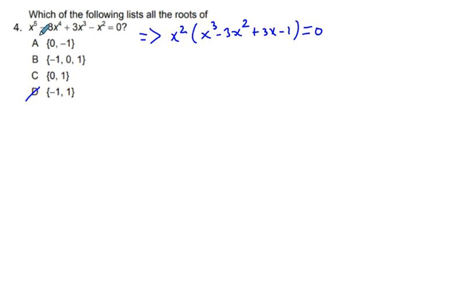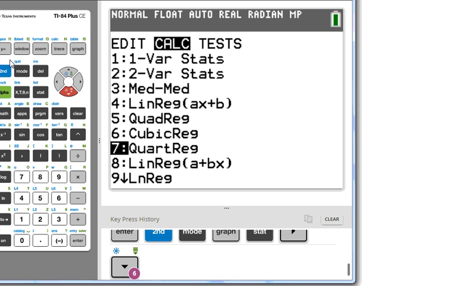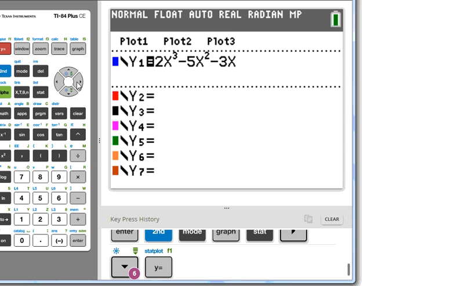You can either take your factored portion here and put that in the calculator, or you can put the whole thing in and take a tight look at it. I'm going to put the whole thing in there because I anticipate that's what most of you did, and that's really a good strategy.